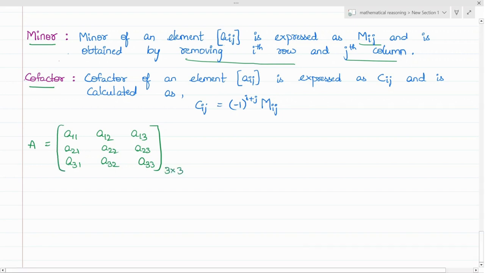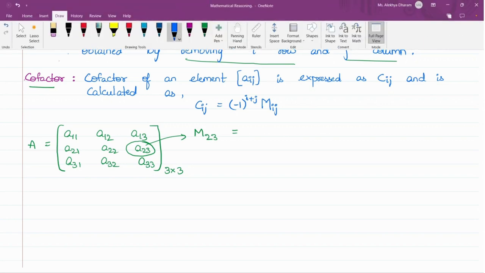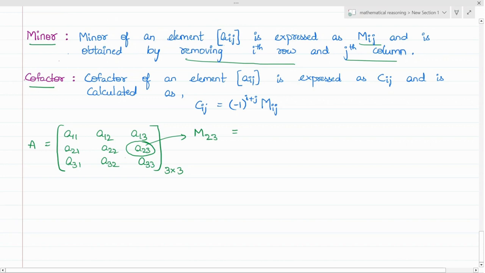Then if we need to find the minor of A23, we will represent it as M23, that is Mij, which is obtained by removing the ith row and jth column. So i is 2 over here and j is 3. So by removing the second row and third column. The second row is this and the third column is this.